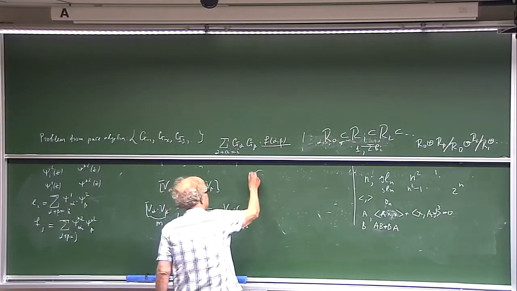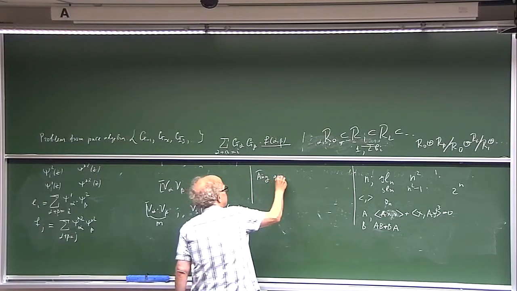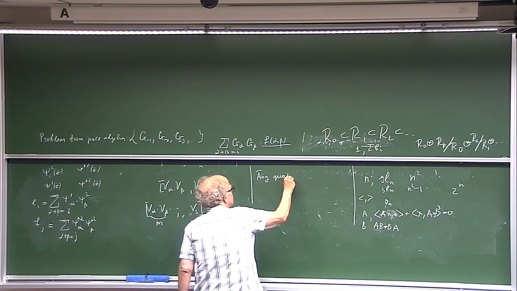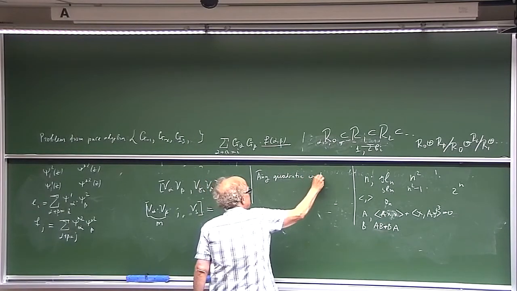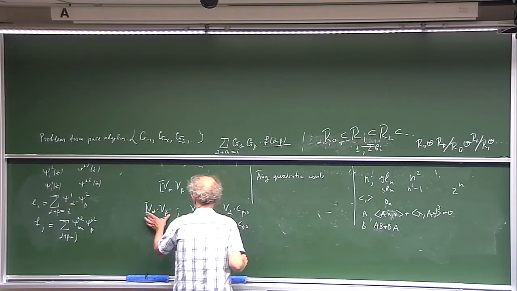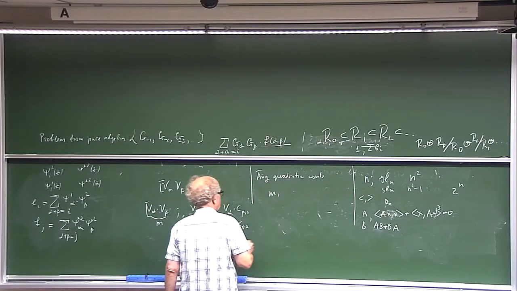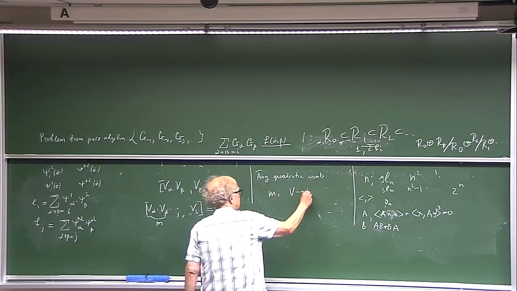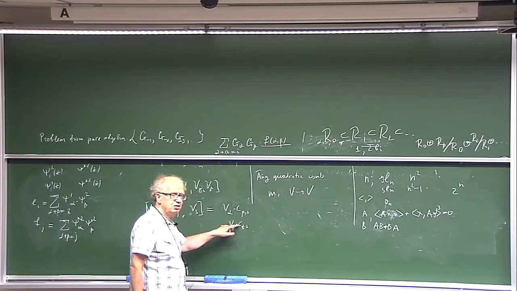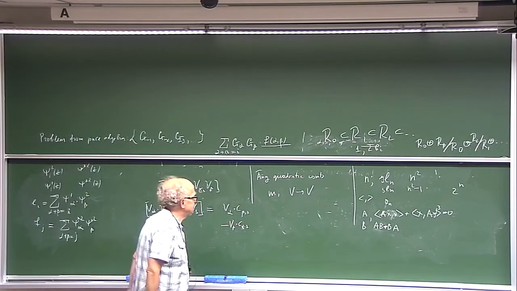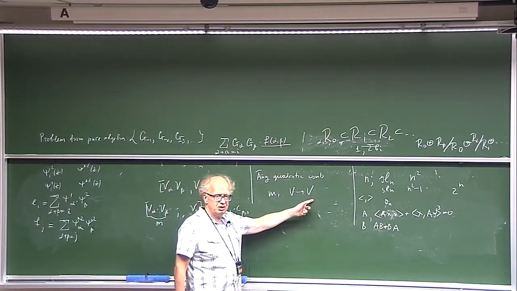So the conclusion is that any such linear combination of these M gives me a matrix from V to V. This gives us this matrix with this sent to this, but in combination it gives me some matrix from this to this.